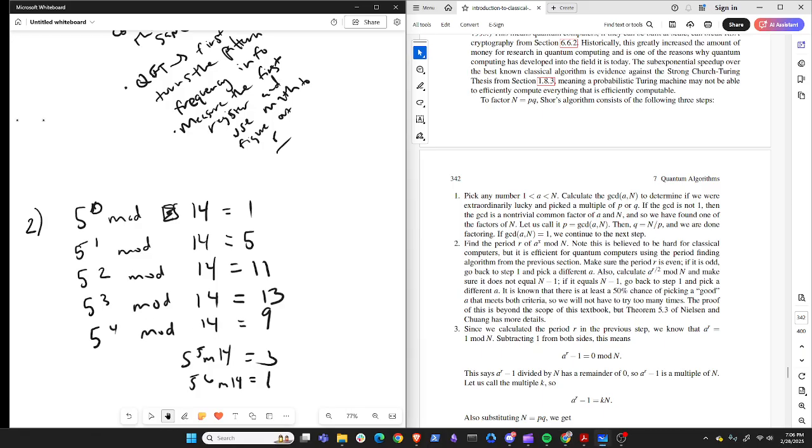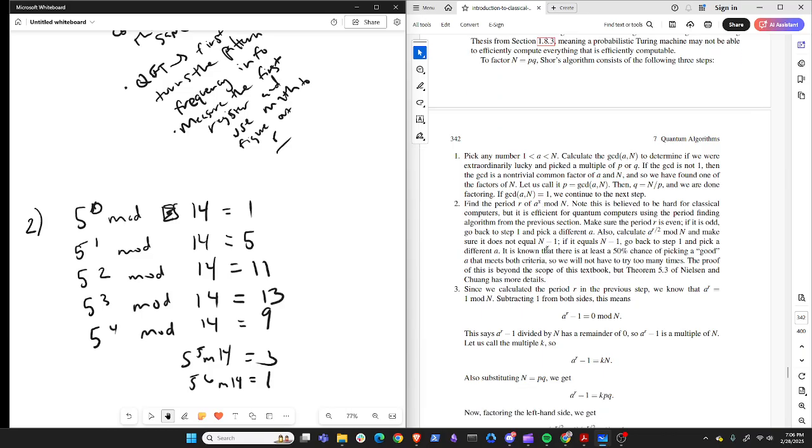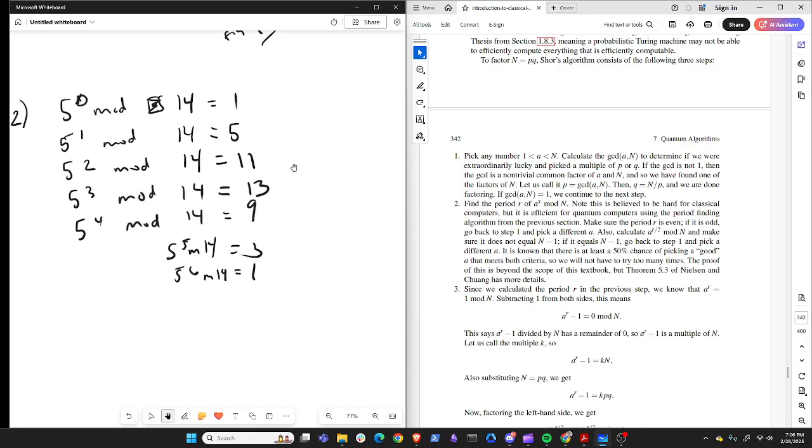So now we know the period R, which is starting at 1, 2, 3, 4, 5, 6. I can't remember if the period is 6 or 7 here.